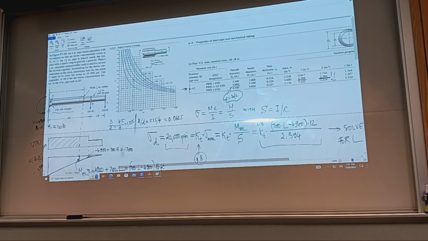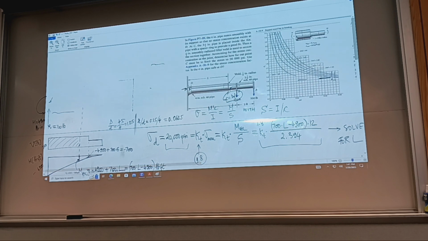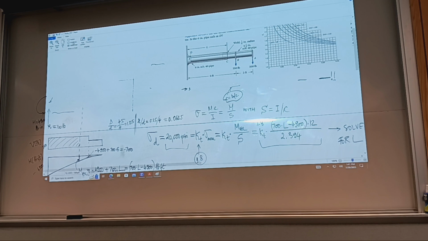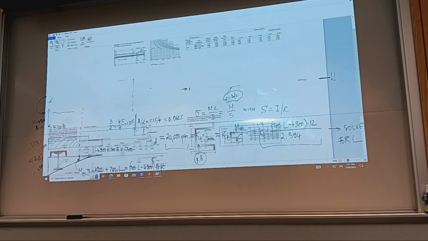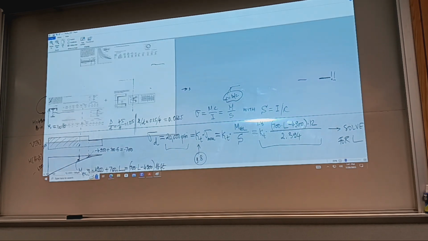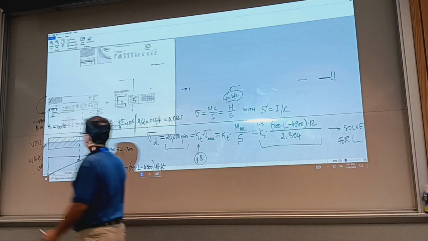Nice pictures. 1, 2, 3, and I go to the third problem you can solve. Let's see, where is it? Okay, it's this one. So erase the board.